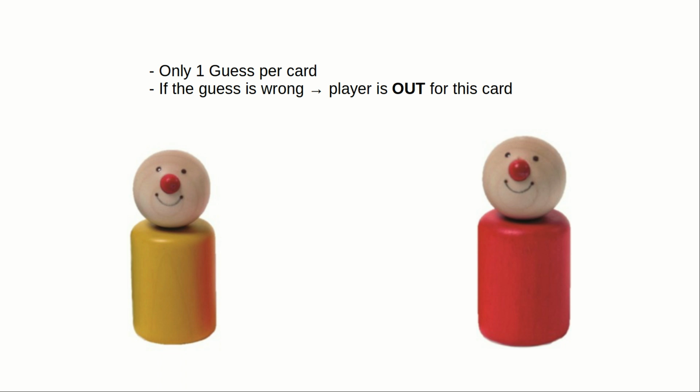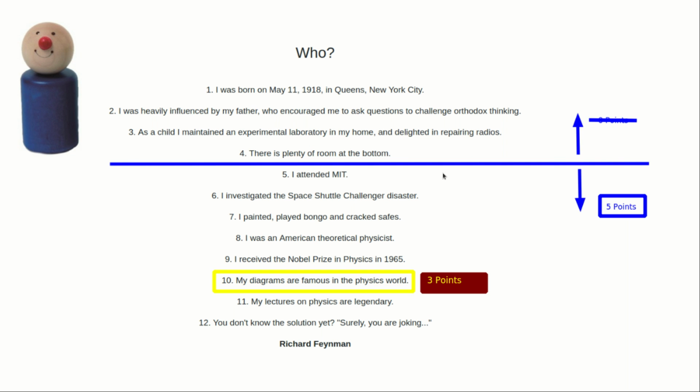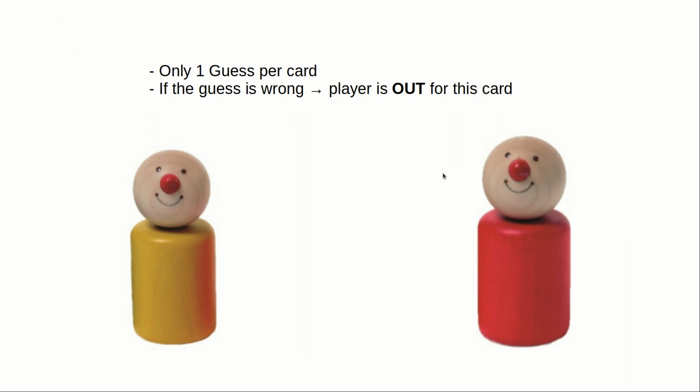They are out. If it is correct, the card is closed, and the points are given to the player who read out via the schema I presented to you before, and the player who guessed it correctly gets the 9 points, for example, for player red in this first example, or 3 points for player yellow in this second example.